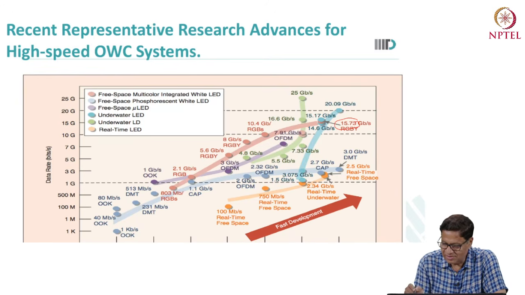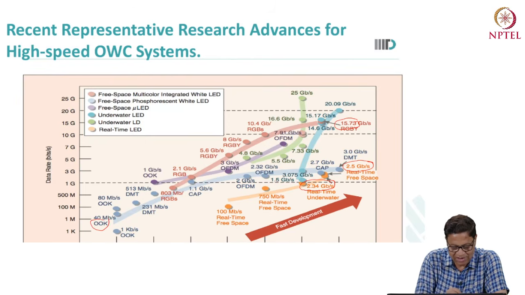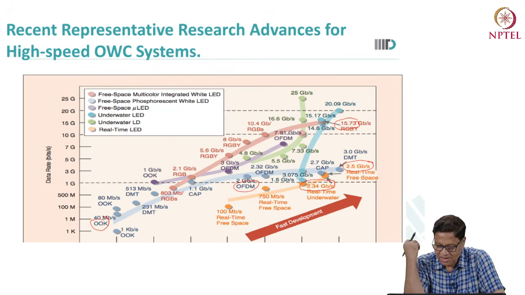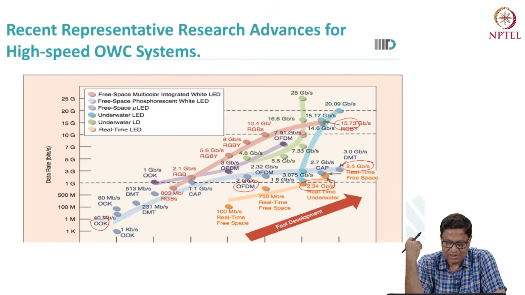And this is somewhere here for free space, 2.5 gigabits per second. And underwater, 2.34 has been achieved. And a lot of different modulation techniques, from on-off keying to OFDM, have all been used. So there has been good progress in this field, and in years to come, I'm sure this technology will further grow and will meet the requirements of 5G and beyond.